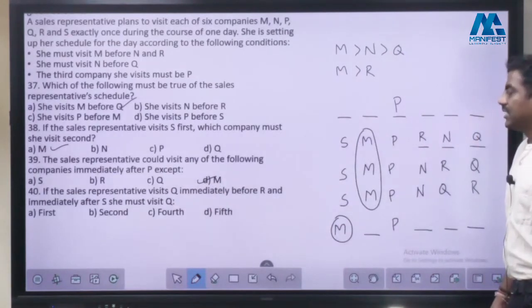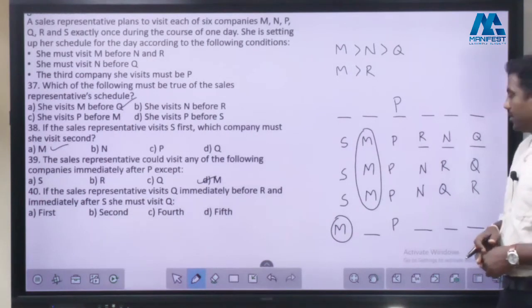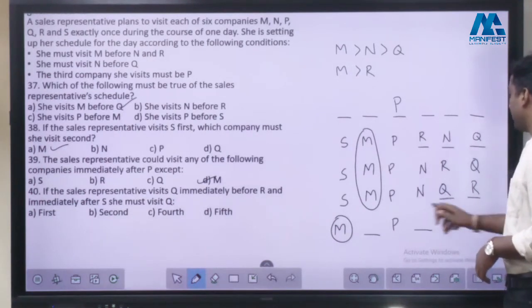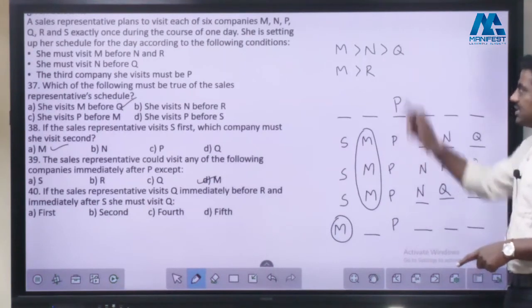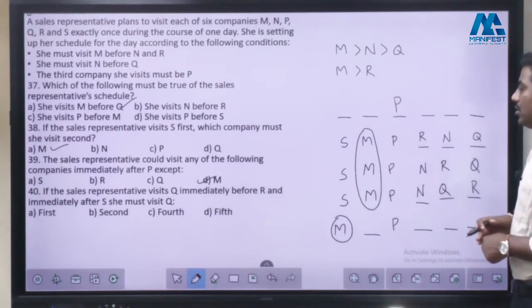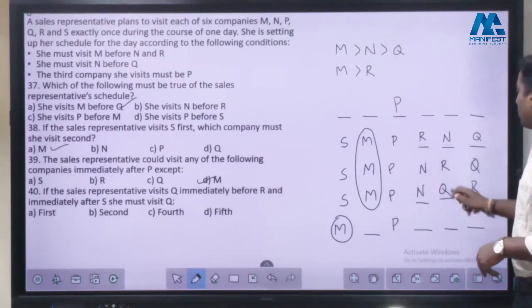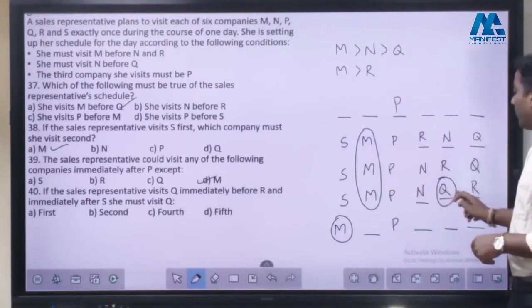If the sales representative visits Q immediately before R, she has to finish N because N is before Q. Then what they are asking, she must visit Q at what place? 1, 2, 3, 4, 5.